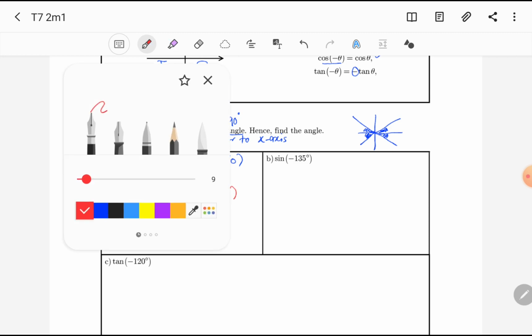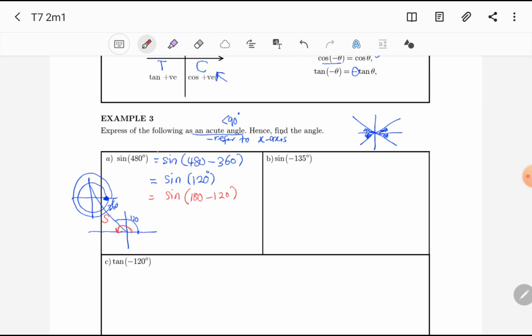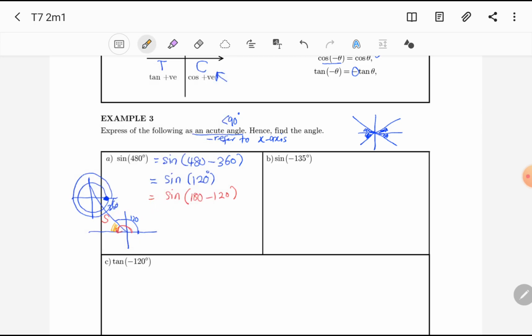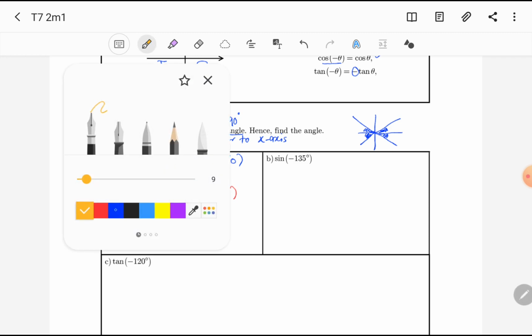So kalau kita tolak tu, kita akan dapat apa? Kita akan dapat ni kat sini ni. Okay, angle yang acute. Okay, just now saya dah cakap dah, acute angle adalah angle yang less than 90 and dia attach, dia rapat dengan paksi X. Okay, so kita akan dapatlah angle yang tu.